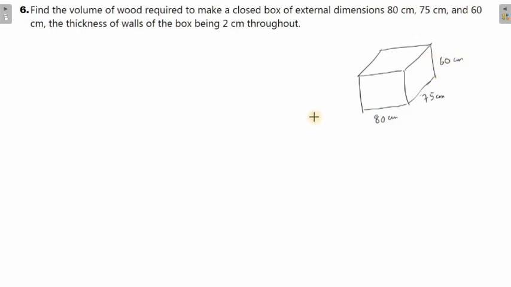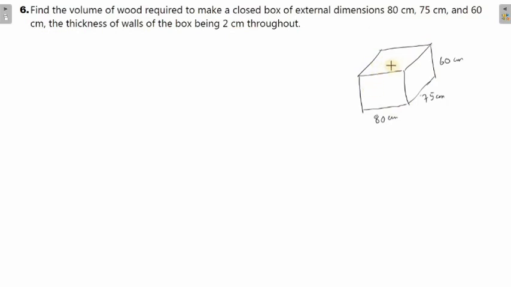Now what is happening here is, since this is a box, it is made up of wood whose thickness is how much? 2 centimeter throughout. So basically I can say that this is the external cuboid, isn't it?